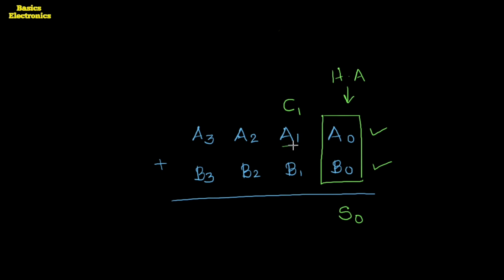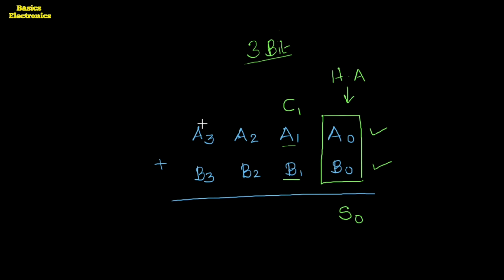In the next column we have the binary bits A1 and B1, but we also have to add the carry generated from the previous column. So there are three binary bits. For the addition of these three binary bits we use the full adder circuit.